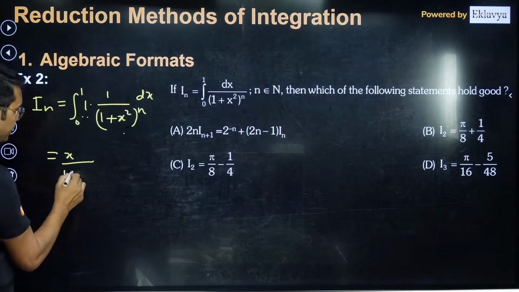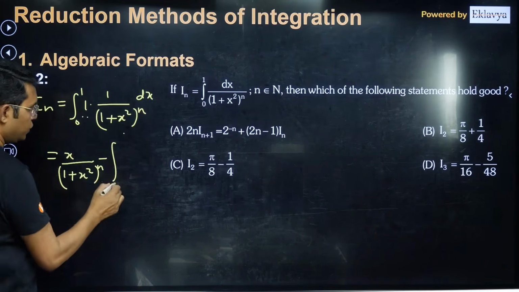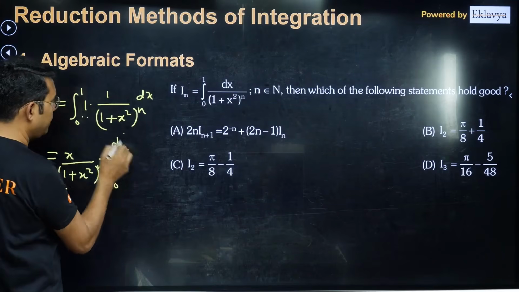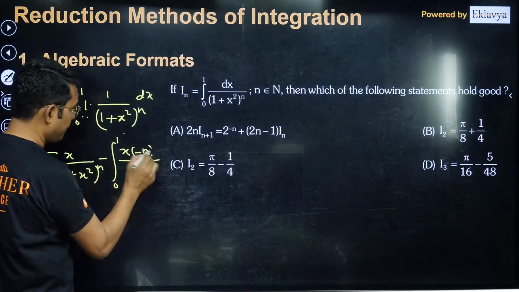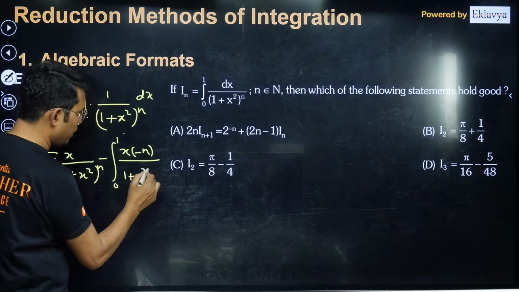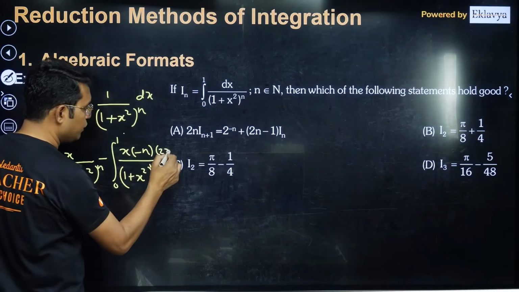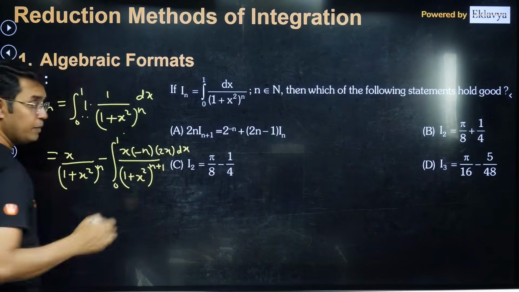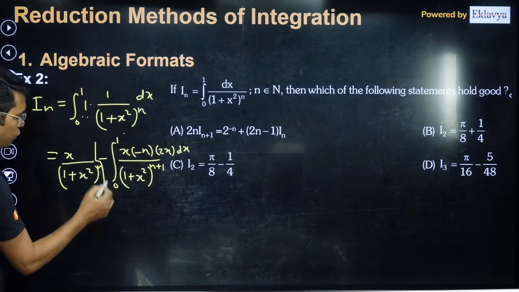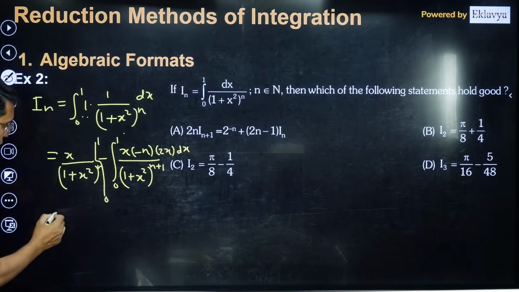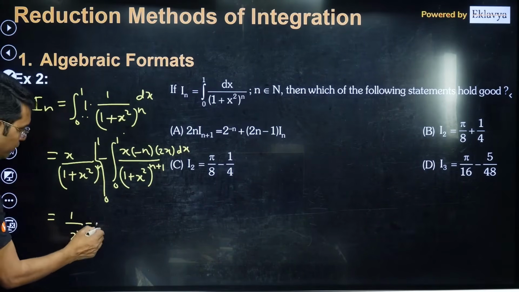This we will be writing as it is, minus integral from 0 to 1, integration of 1 is x, differentiation of this would be minus n upon (1 plus x square) whole raised to the power n plus 1, and then 2x also will come from the differentiation of 1 plus x square using chain rule. So here we will be putting the limits 0 to 1. For 1 it will be 1 upon 2 raised to the power n, for 0 it will be 0.